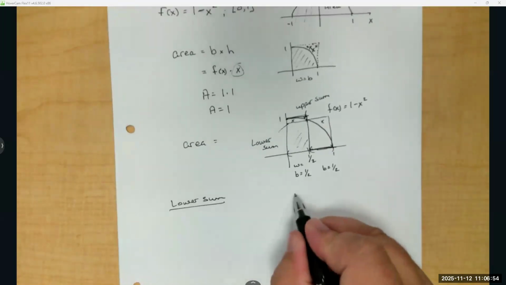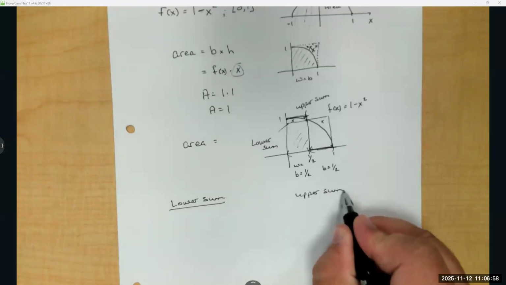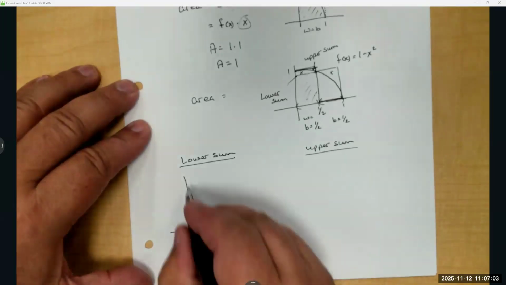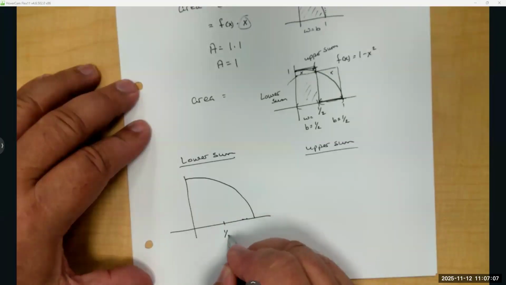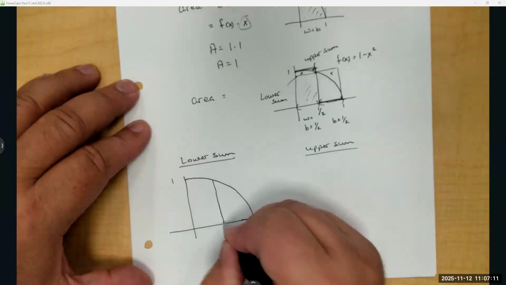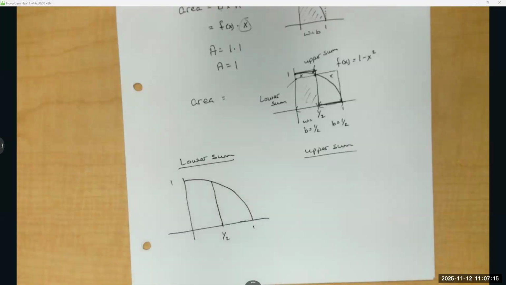We have to look at both of them and see which one gives us the best answer. If we use the lower sum, that's going to be lower than the actual area.